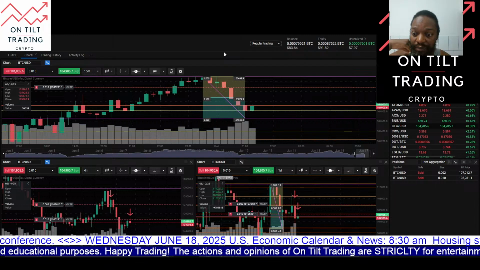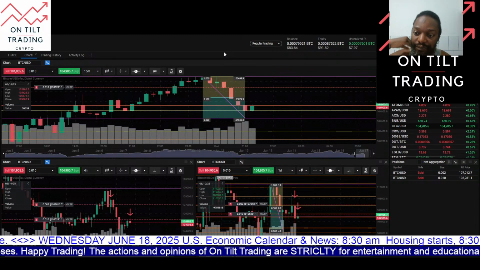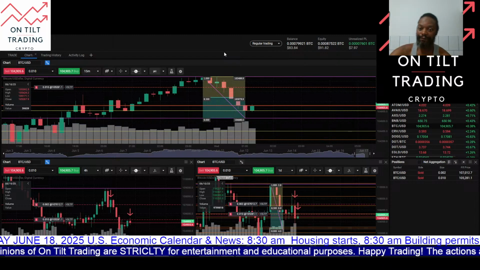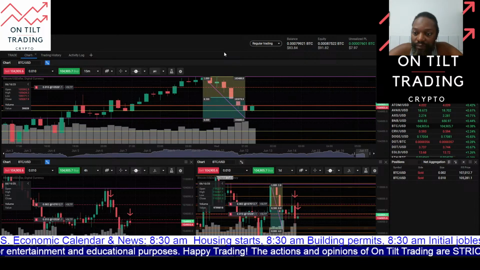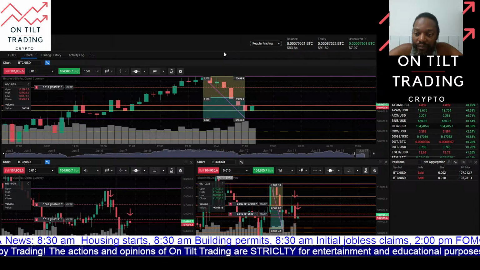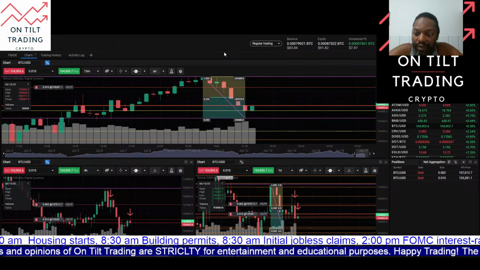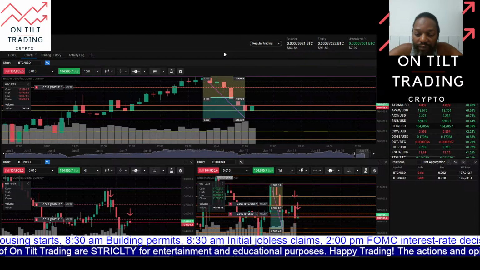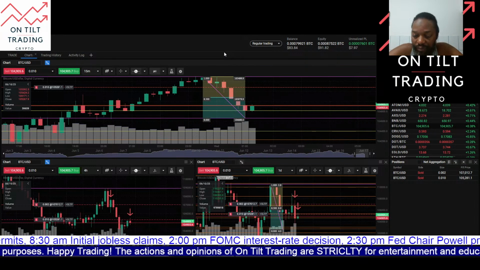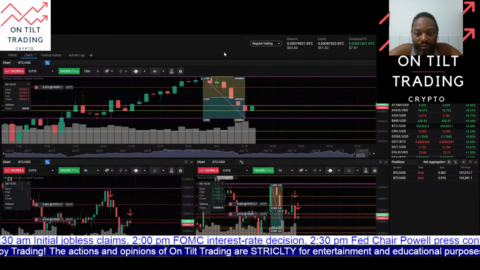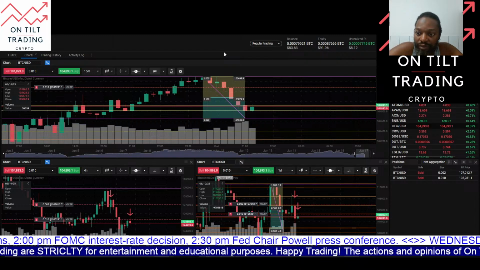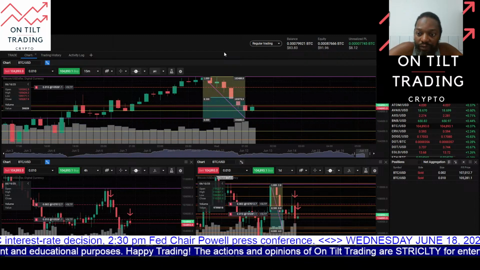Price being delivered to the buy side currently. And price holding at the 104,905.6 level. And now trading back below 104,900 at 104,893.